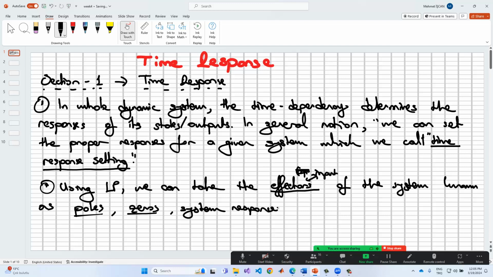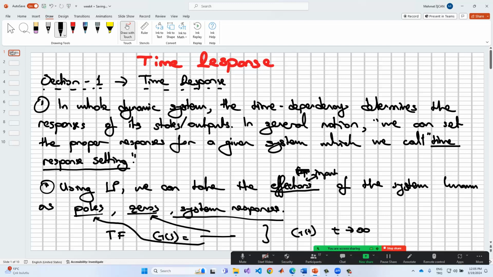Okay, so if we have any transfer function TF just like G(s), then we can condition this system based on the poles, zeros, or its time response as t goes to infinity. Okay, this is the basic notion about the time response.